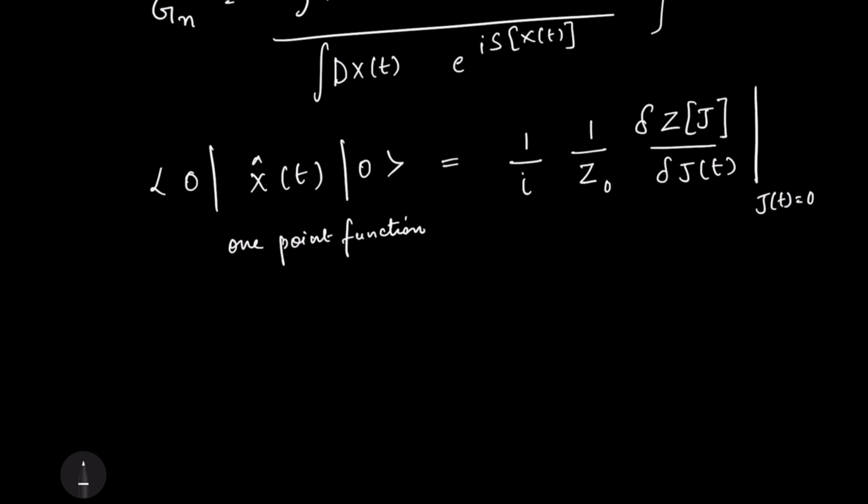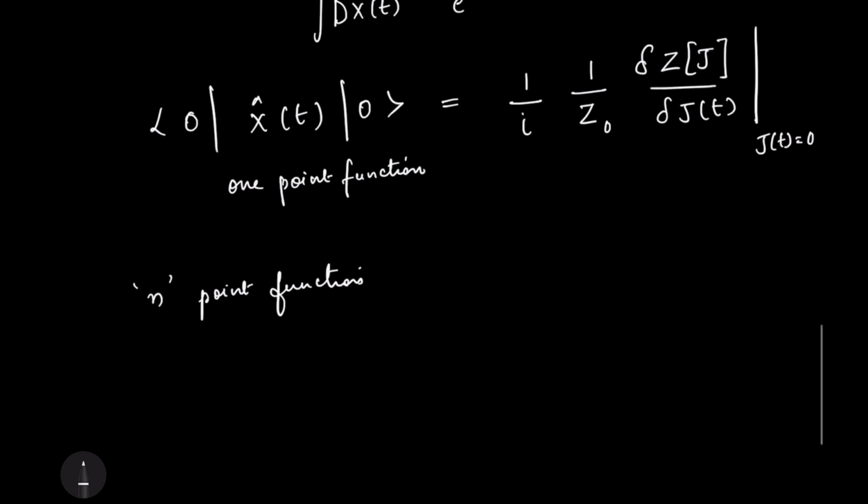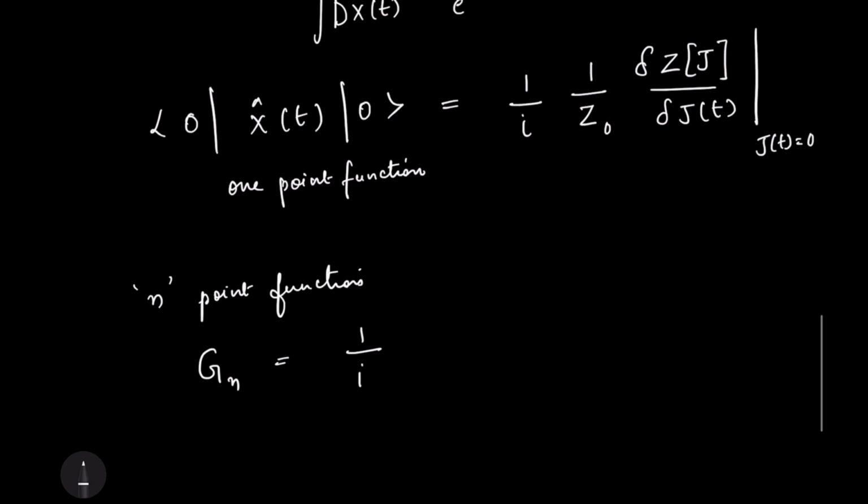If I want to get the n-point function, then Gn will be 1 by i raised to n, since I have to do this n times, times 1 by z0. How many derivatives do I have to take?